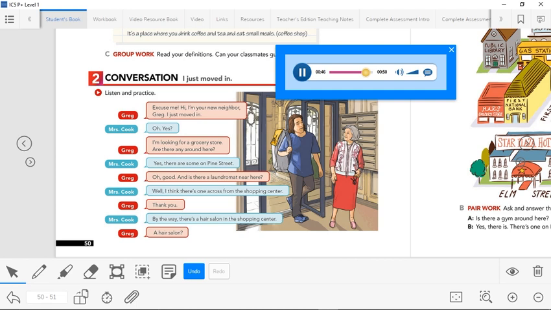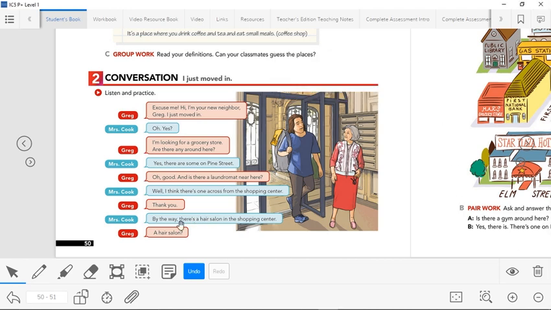A hair salon? Oh my god, this woman suggested him to cut his hair because it's long. But okay, if you notice something here, he's asking for the places where they are, and he's using a specific type of grammar. Are there any around here? The grocery stores. There are, is there, there's one, there's it.